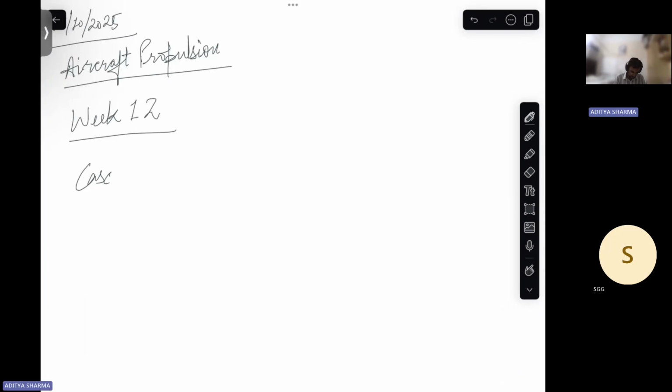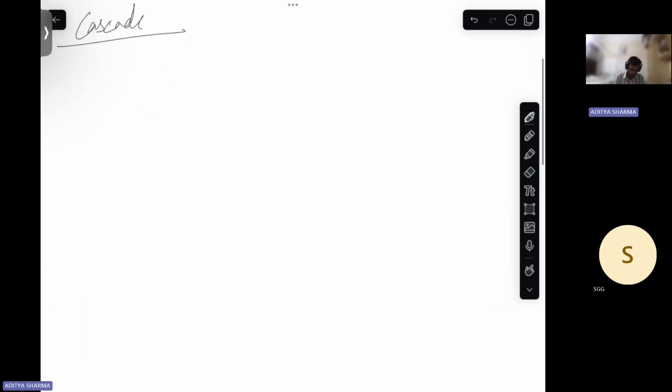If you see cascade, in your turbo machinery we have one shaft, right? And then we have blades connected to this shaft or hub. I'm saying shaft, you can take it as hub. So there are blades connected to this. Till now the discussion had been about one blade and the related velocity diagrams.